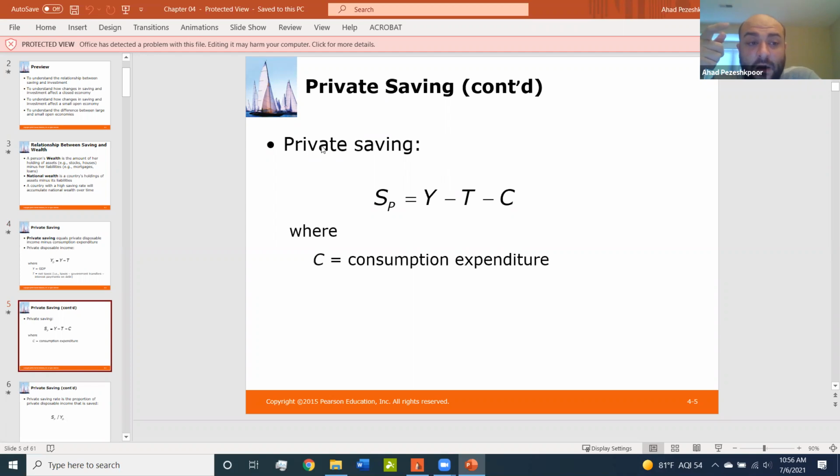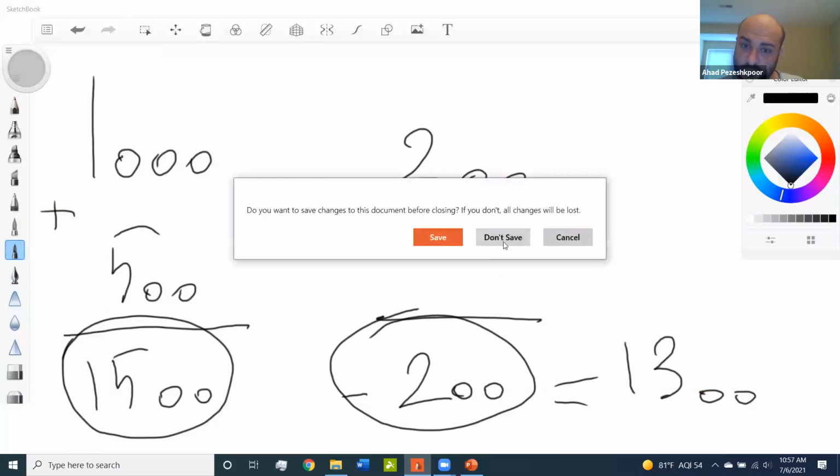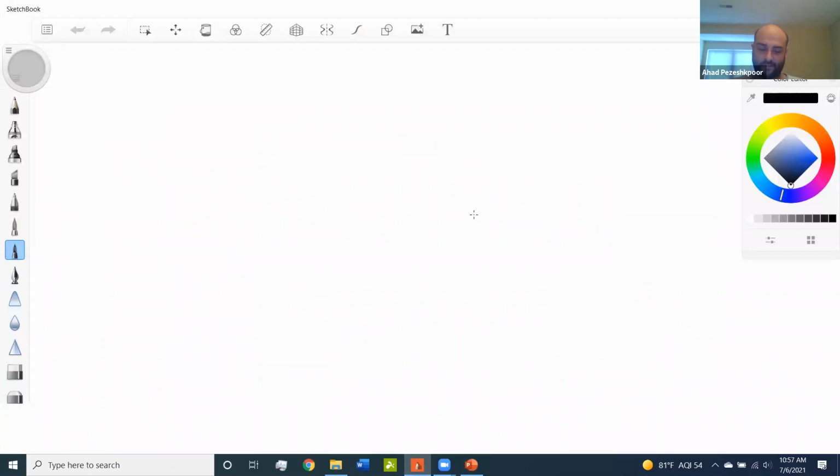As I said, consumption can never be zero. You need to eat something to survive. So I consume some of it. Whatever I have not consumed, I save. Y disposable is total Y minus T paid to the government.